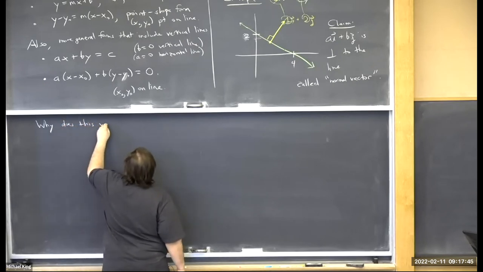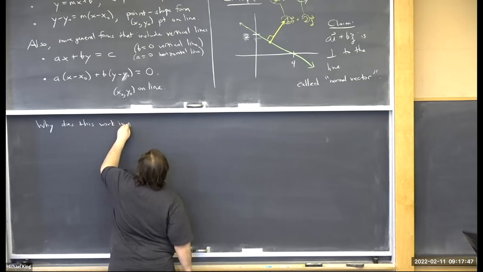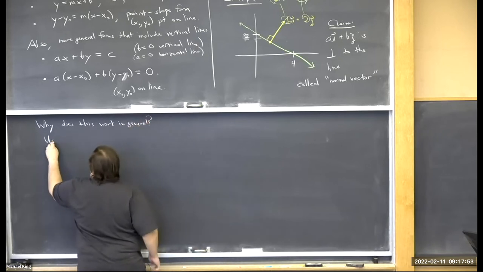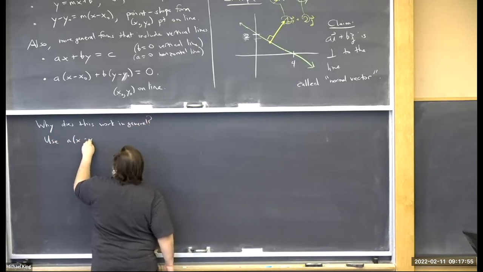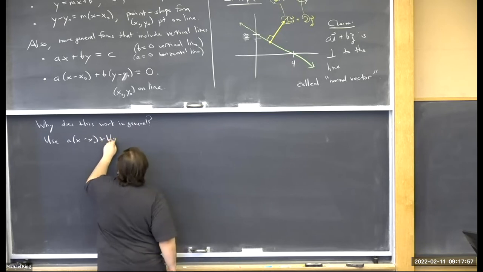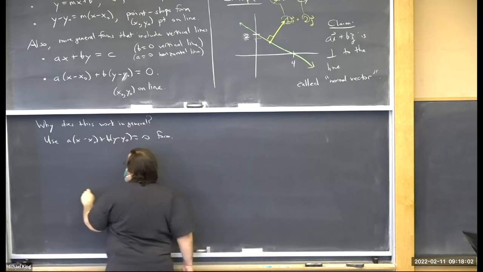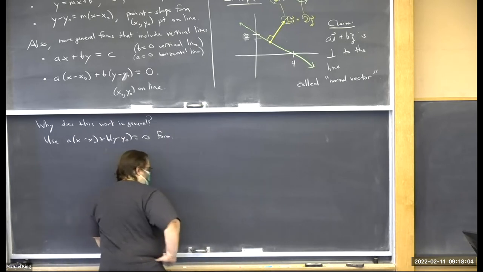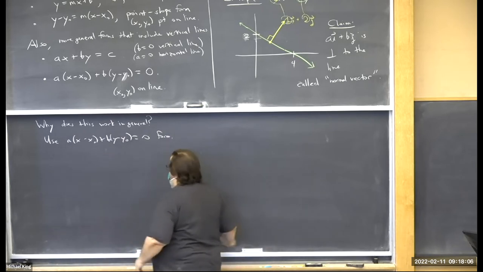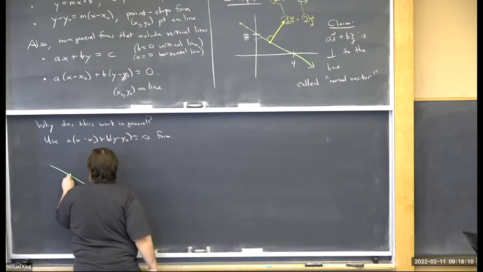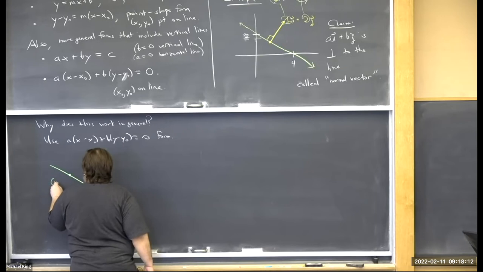Well, if I draw some line, let's use the a times (x minus x naught) plus b times (y minus y naught) equals 0 form. So now I have some line in the plane, and it goes through the point (x naught, y naught).